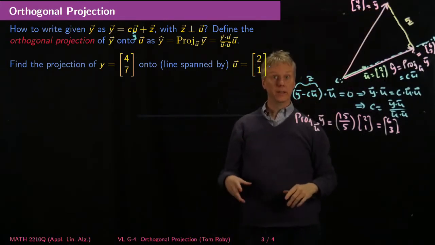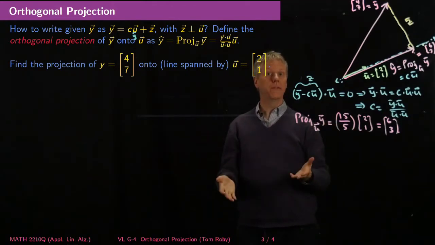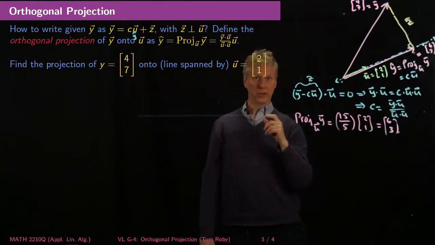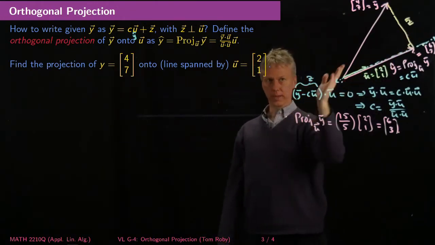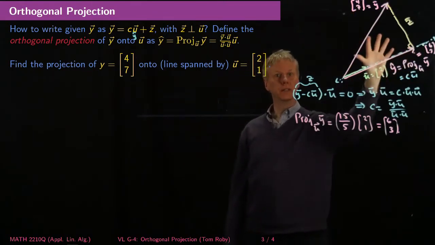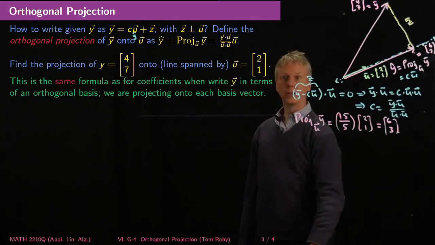And so the applications idea here is that if you don't have exact solutions and you want to find the best possible solutions given your constraints, then if you're constrained to be on this line, the closest solution you can find if your target is 4, 7 is 6, 3. So that's a very concrete way to think about how this might be practical.